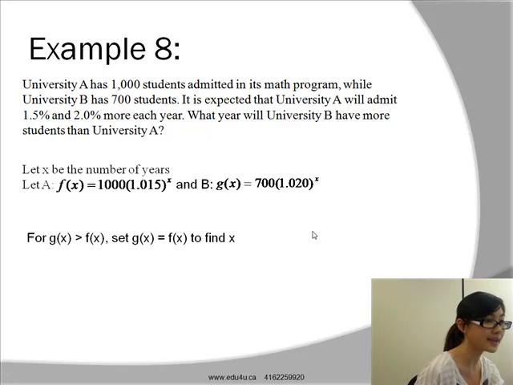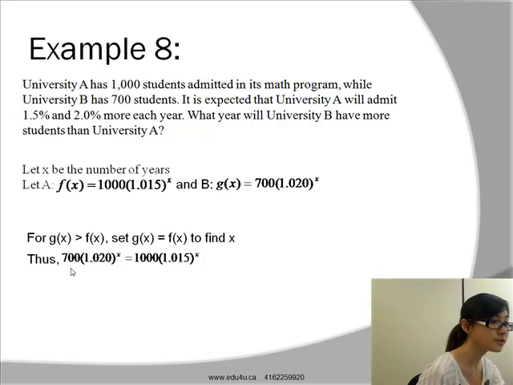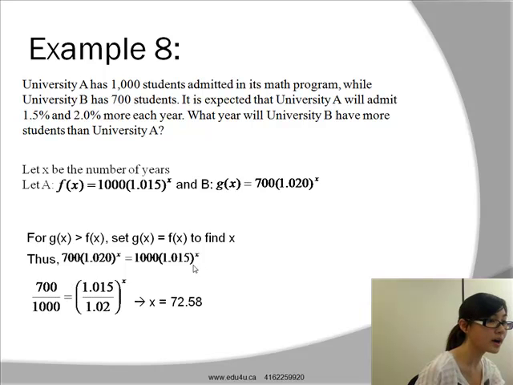We have to find out what year University B will have more students than University A. So g of x has to be bigger than f of x. Let's first set g of x equal to f of x to find out what x is. Thus, 700 times 1.020 to the power of x equals 1,000 times 1.015 to the power of x.